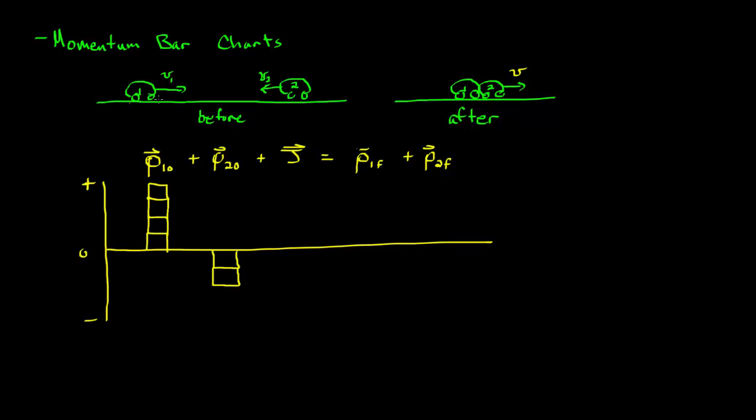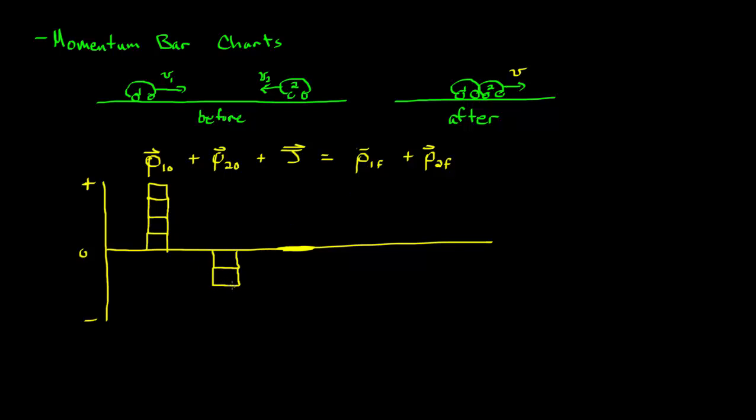And then the impulse. There are no external forces. All the forces are internal between the 2 cars. So we have 0 impulse. Now we go to the other side. The idea is that these blocks have to balance out on this side. They're both moving in this direction. They both have the same velocity, so they're both going to have the same momentum.